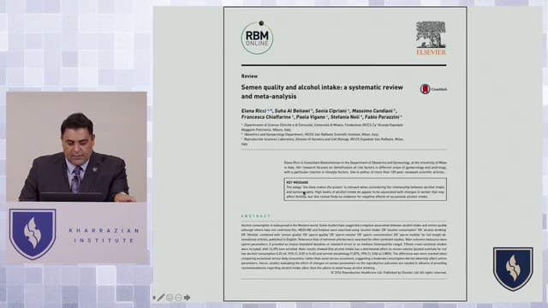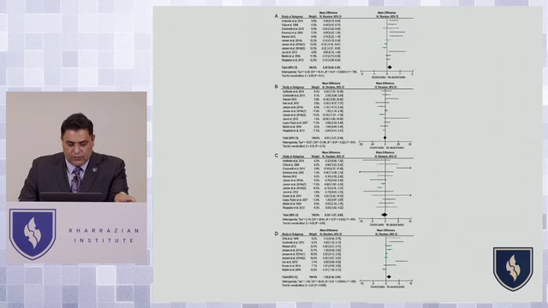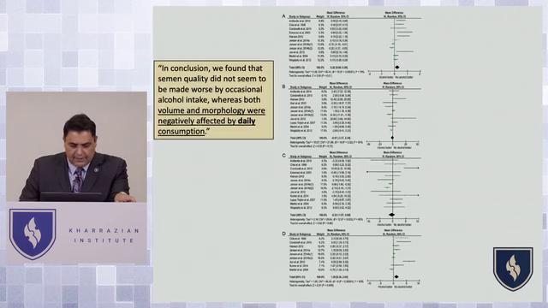So we know that semen quality can be impacted by alcohol. This was a systematic review and meta-analysis that was done of multiple trials. And basically, in conclusion, we found that semen quality did not seem to be made worse by occasional alcohol intake, whereas both volume and morphology were negatively affected by daily consumption.